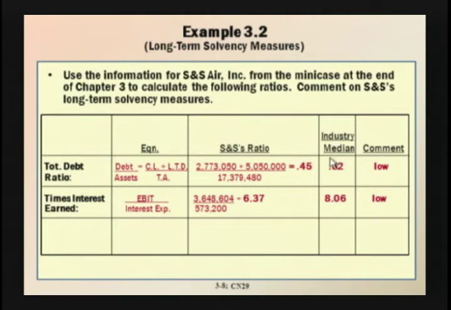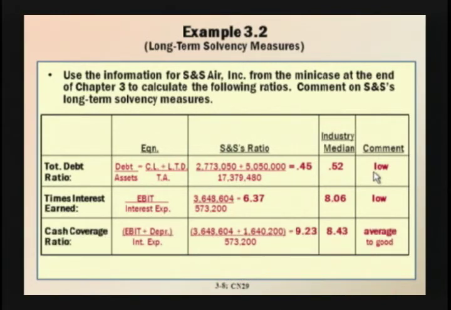So even though S&S has a little less debt than the typical firm in the industry, it's covering its interest expense only about 6 1/3 times, and the industry is covering its interest about 8 times over. So it's a little bit low on its times interest earned, even though it is a little bit low in the use of debt in the first place.